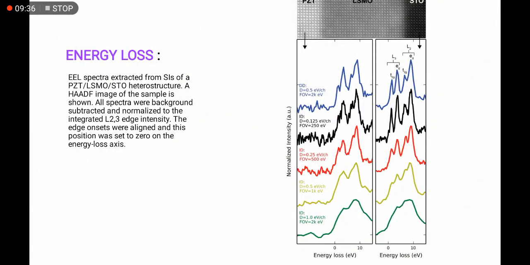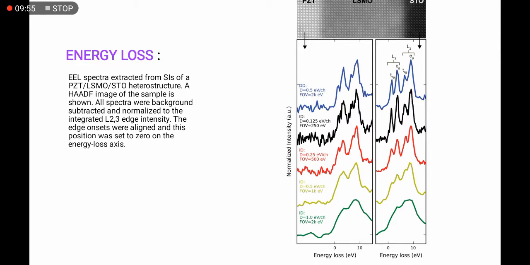In this figure you can see the energy loss spectrum imaging and fine structure analysis. EEL spectra are extracted from the SI of the PGT LSMO heterostructure. A HAADF image of the sample is shown.